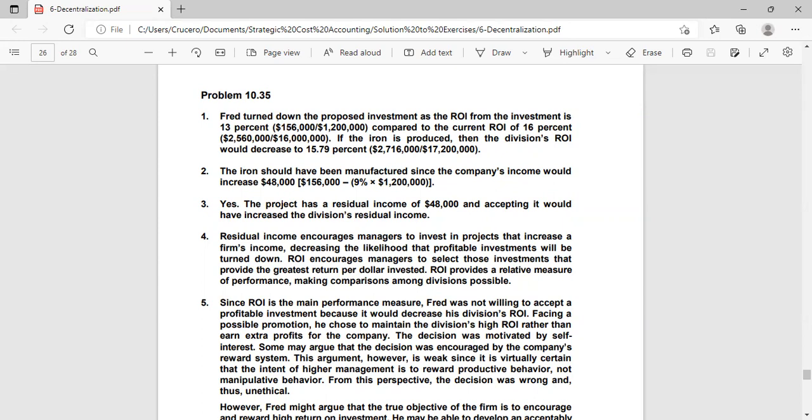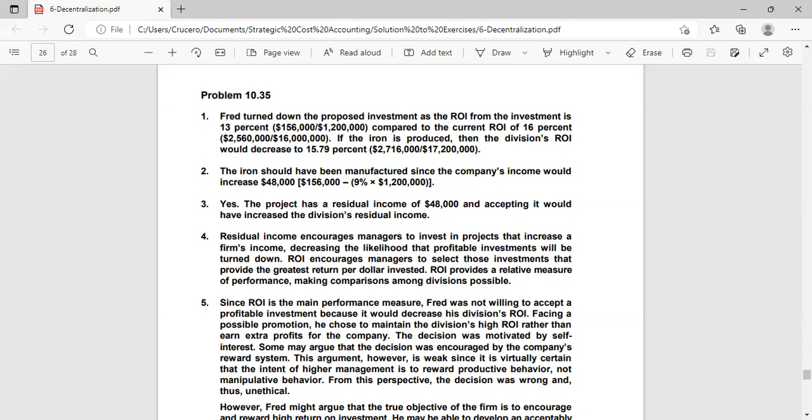Last year, the division earned an operating income of 2.56 million on average operating assets valued at 16 million. Fred is pleased with his division's performance and has been told that if the division does well this year, he will be in line for a headquarters position.